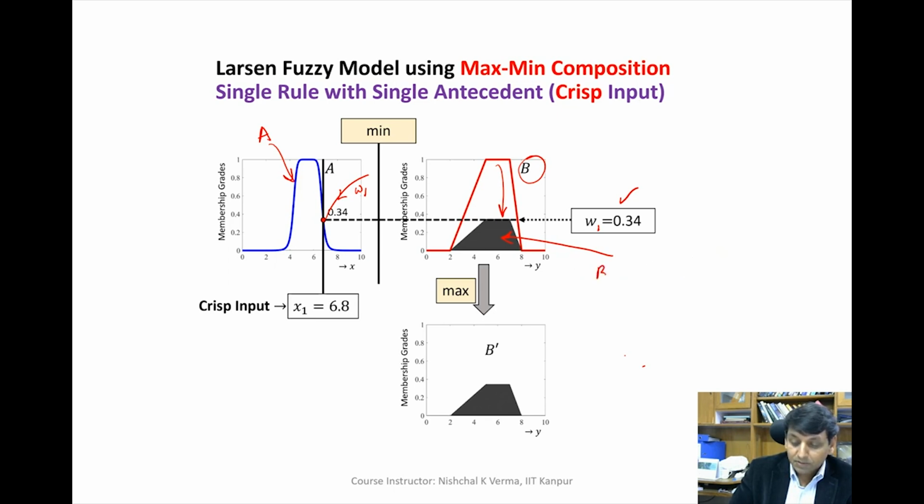Let's say this is my B fuzzy set, and the membership function of B is mu B of Y. So this is going to be W1 into mu B(Y). This is how we get the resulting output, the scaled down membership function, and this is B dash.